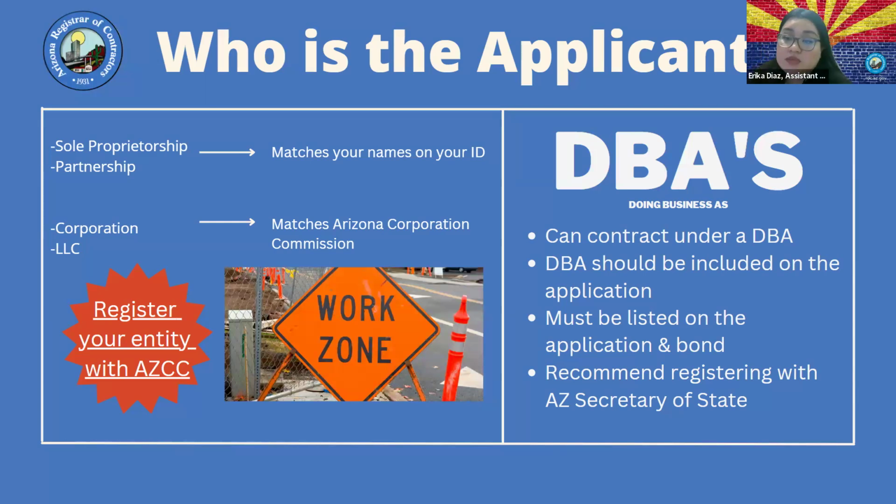Just know it does need to be included in your application. It must be listed on your bond. This is not a requirement, but we do recommend it being registered with the Arizona Secretary of State, just so you have that name reserved for yourself. Again, the DBAs are an option. And if you do choose to do so, just recall to have that listed on that application and also on your bond.